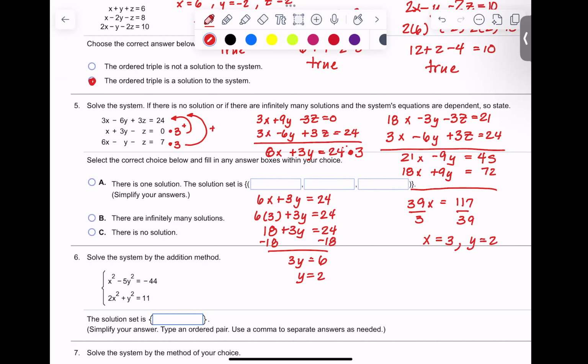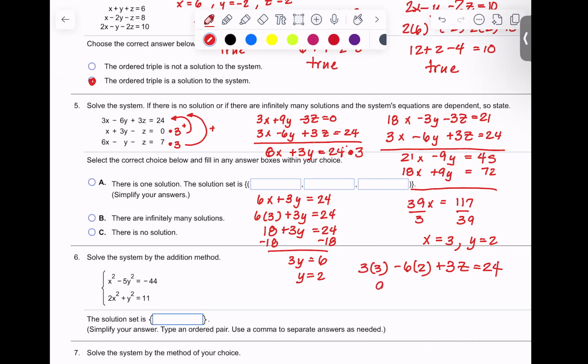And then I'm going to back substitute, and I would probably do the first equation just because the coefficient in front of the z is positive. It's up to you, whatever equation you want to use. So I'm going to use that top one. So I have 3 times 3, x is 3, minus 6 times 2, y is 2, plus 3z is equal to 24.